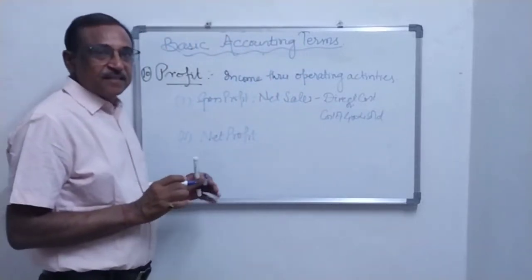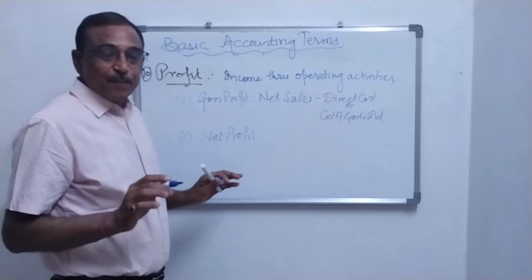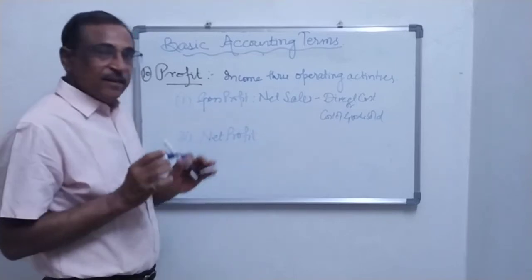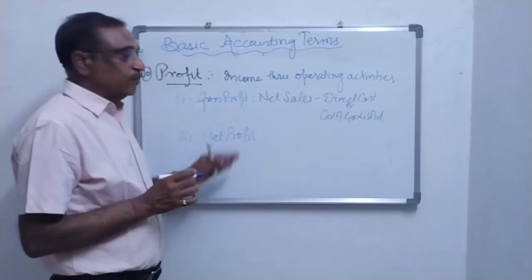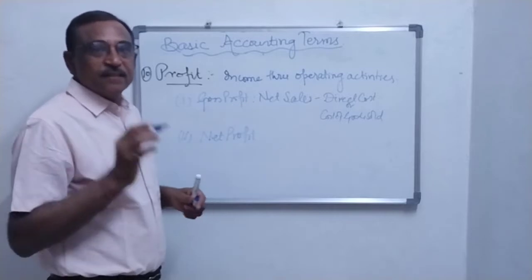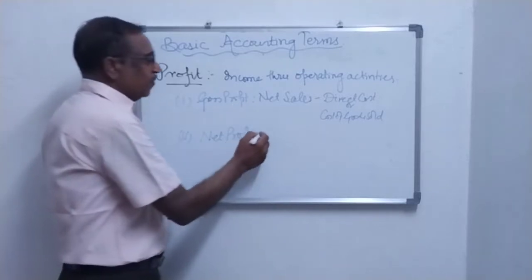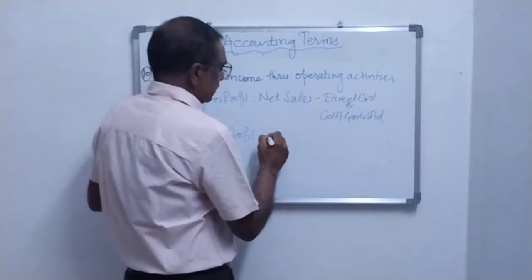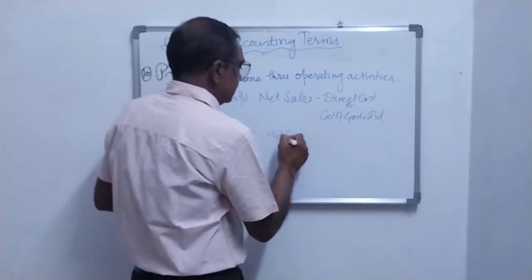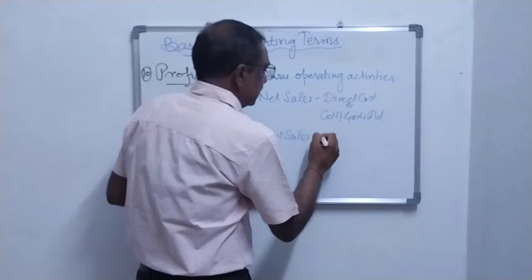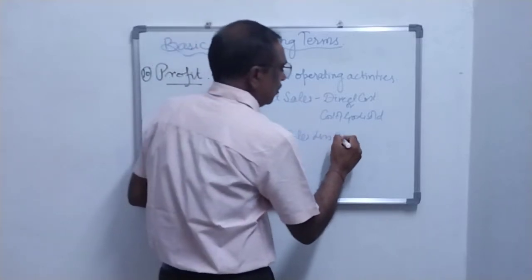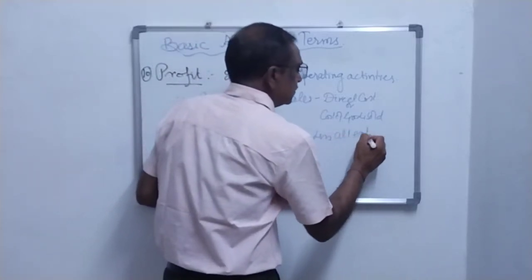And net profit means when all the expenses, whether direct or indirect, are deducted from the net sales, you get net profit. So net profit means net sales less all expenses.